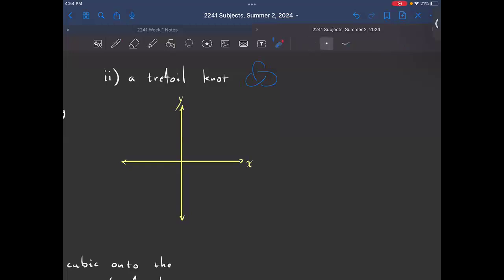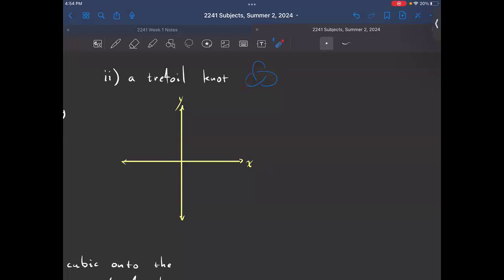Okay, so I want something to start out here, and then as it goes around in the angle, I want it to decrease its radius, but not to 0. I want it to have a minimum radius here. So I want it to go around, decrease the radius a little bit, and then increase back to its maximum radius at another angle.